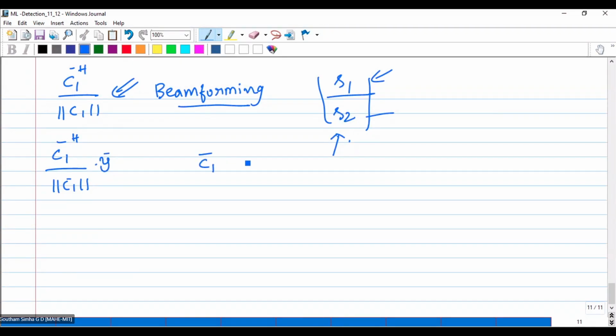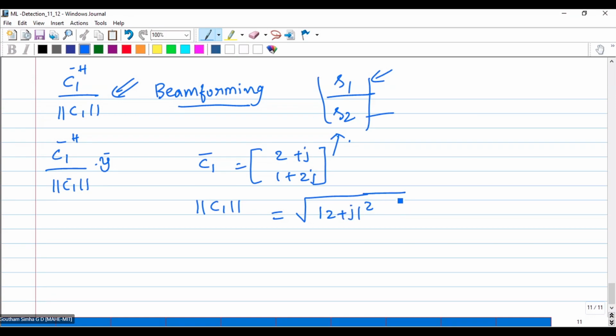That is C1 bar I have, that is equal to 2 plus j, 1 plus 2j. Okay. Norm, if I calculate, that will be square root of 2 plus j square plus 1 plus 2j square. So C1 bar norm is equal to square root of 10. 4 plus 1 plus 1 plus 4.